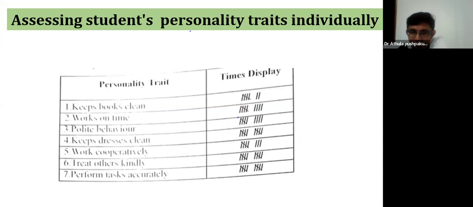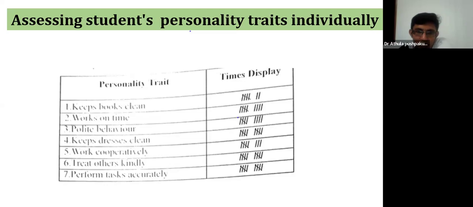Okay, using tally marks, right? Keeps books clean: we can allocate some marks. Work on time: allocate out of 10, earn how much? Some get 9, some get 2. Work on time means giving the time period. Did they do this part or not?